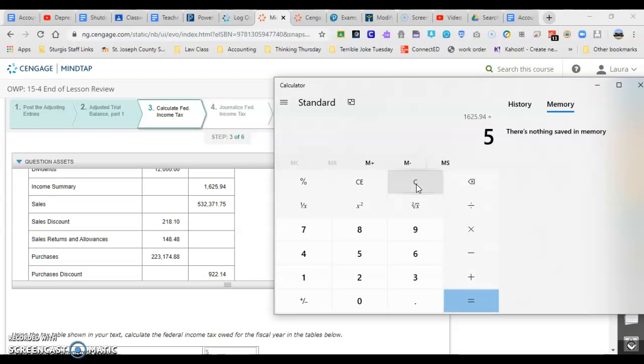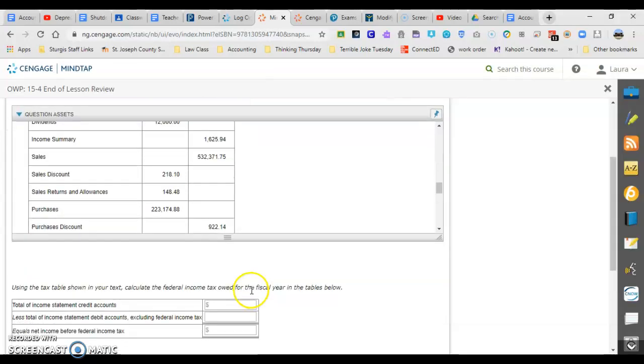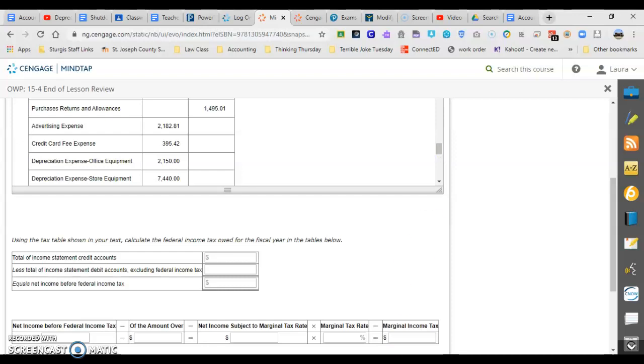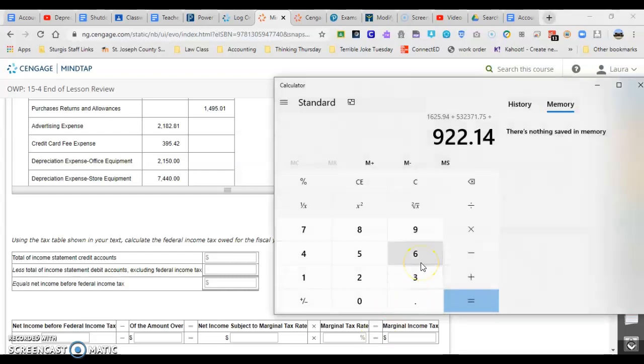And then sales is 532,371.75 plus purchases discount 9214 is the income statement credit account. So plus we're going to add 1495 back.